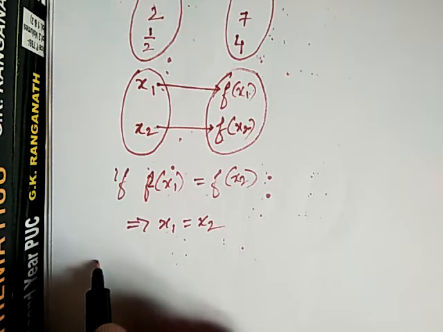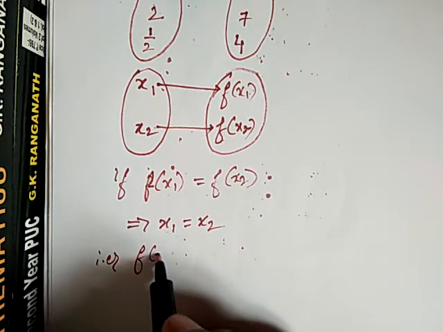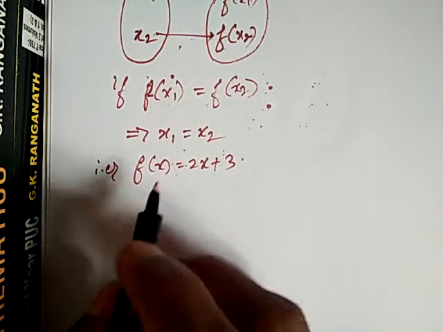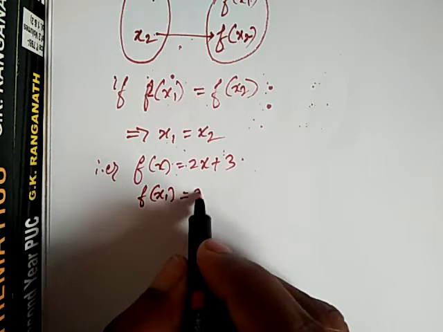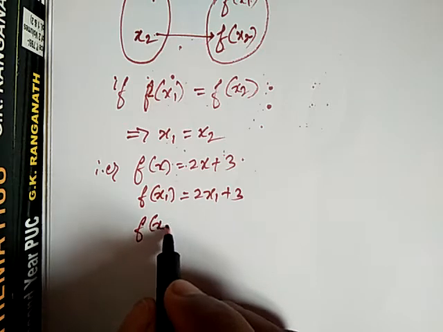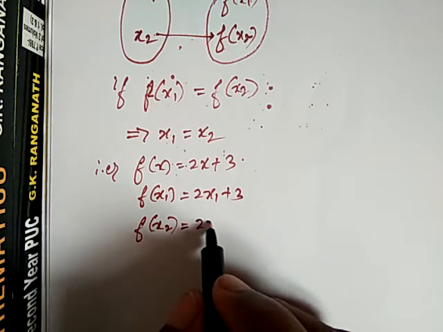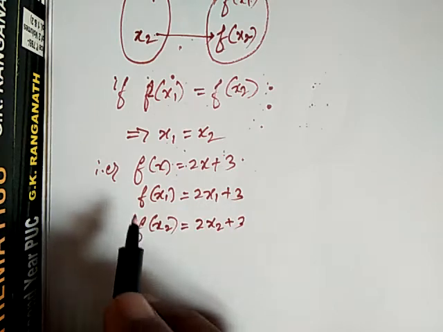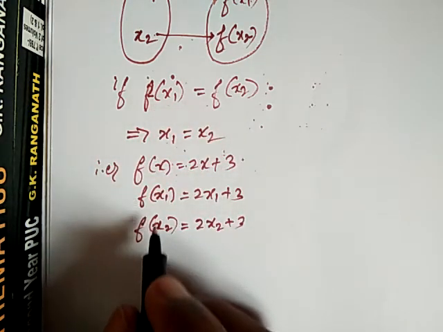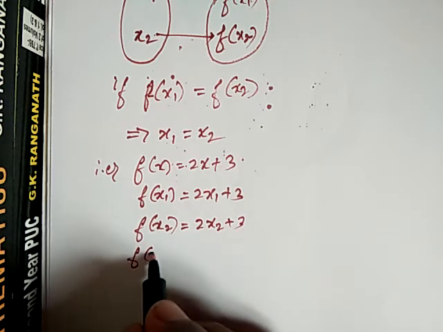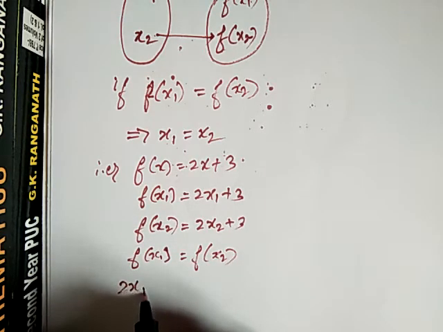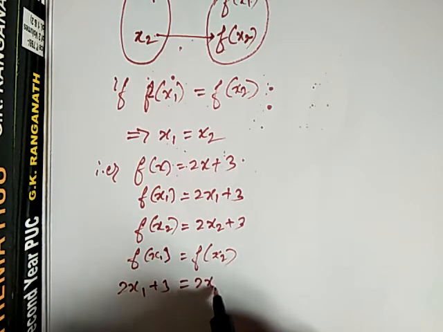Now consider the function f of x is equal to 2x plus 3. If I put x1 here, f of x1 is equal to 2x1 plus 3. Wherever x is there, you put x1. Similarly, f of x2 is equal to 2x2 plus 3. When we consider the condition f of x1 is equal to f of x2, we can say 2x1 plus 3 is equal to 2x2 plus 3.